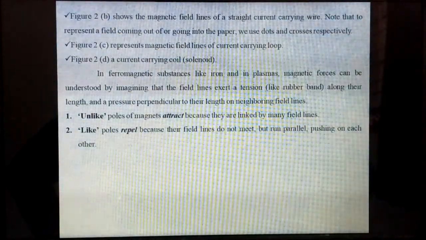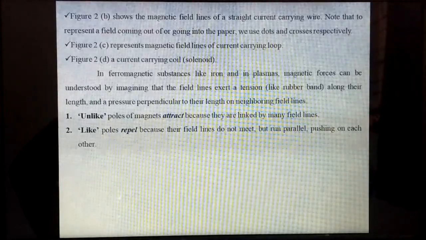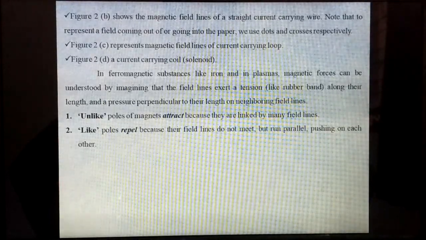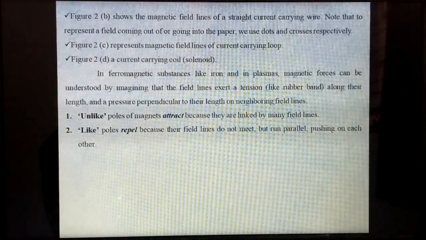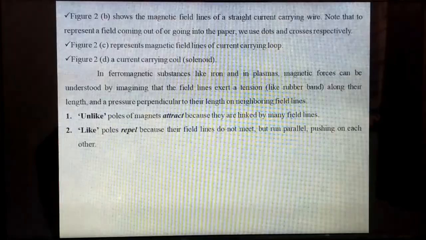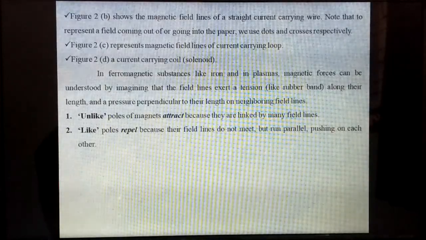In ferromagnetic substances like iron and in plasmas, magnetic forces can be understood by imagining that the field lines exert a tension like a rubber band along their length and a pressure perpendicular to their length on neighboring field lines.